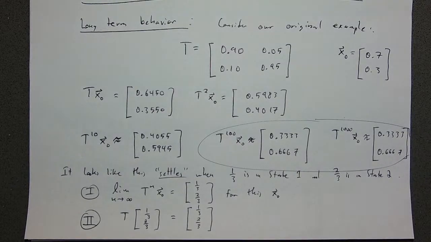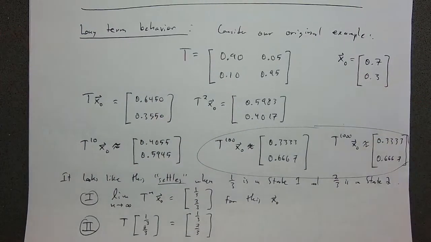Why? Well, if I've chosen some other initial data vector, and at the end of this limiting process, I found that eventually it gets transformed into 1/3, 2/3, and that's where it settles, then 1/3, 2/3 chosen as my initial vector should immediately settle, in the sense that it should be fixed by T. T should send it to itself, right?